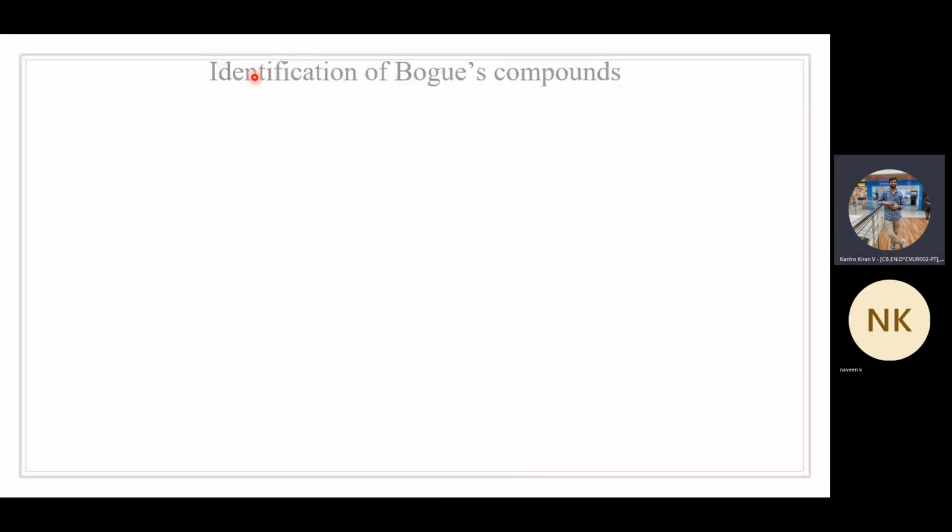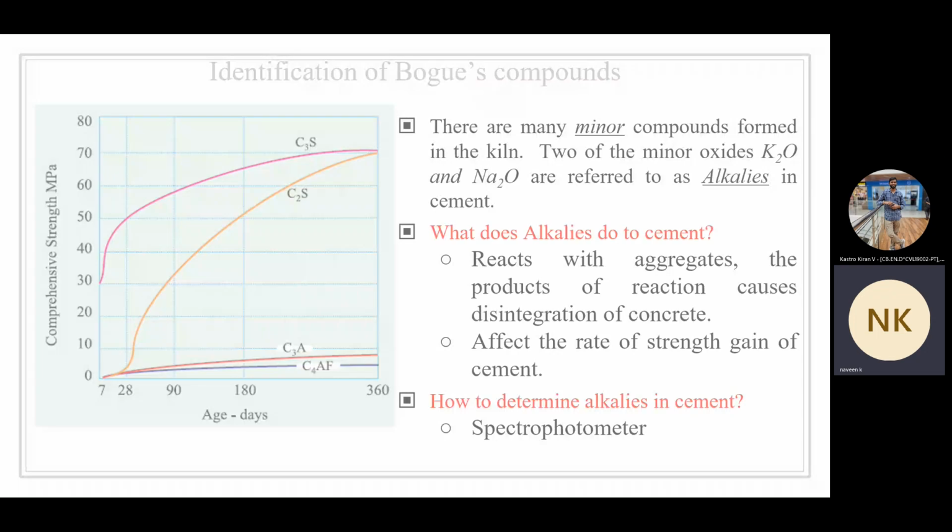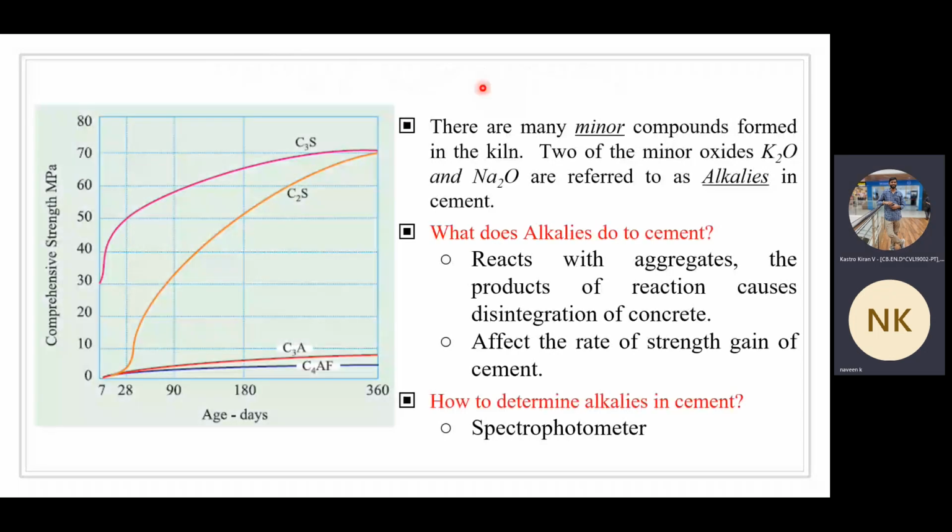Now, how will you identify the Bogue compounds? Excuse me, sir. Yeah, please go on. The main components are lime, silica, alumina, and iron. From these materials, when we mix them in the rotary kiln, the other components get formed, as you said, C2S, C3S, C3A, and C4AF, automatically.